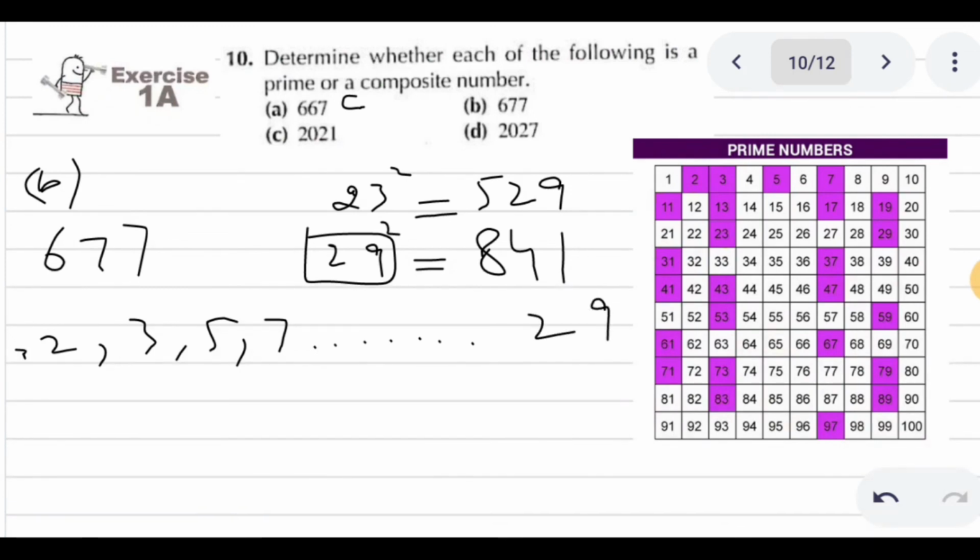And if we check, it is not divisible by any of the prime numbers till 29, which means that 677 only has the factor 1 into 677, so it's a prime number. So similarly, as I have explained parts 1 and 2, you can solve parts C and D as well.